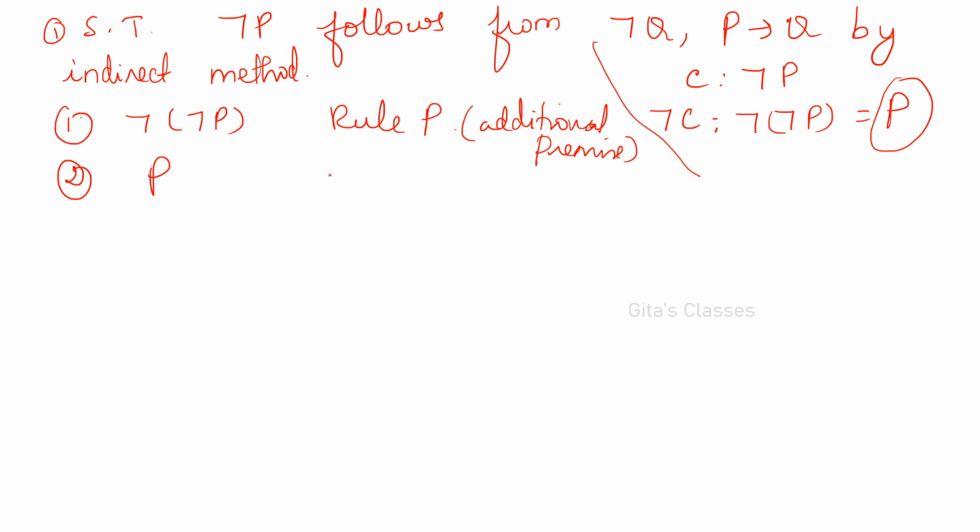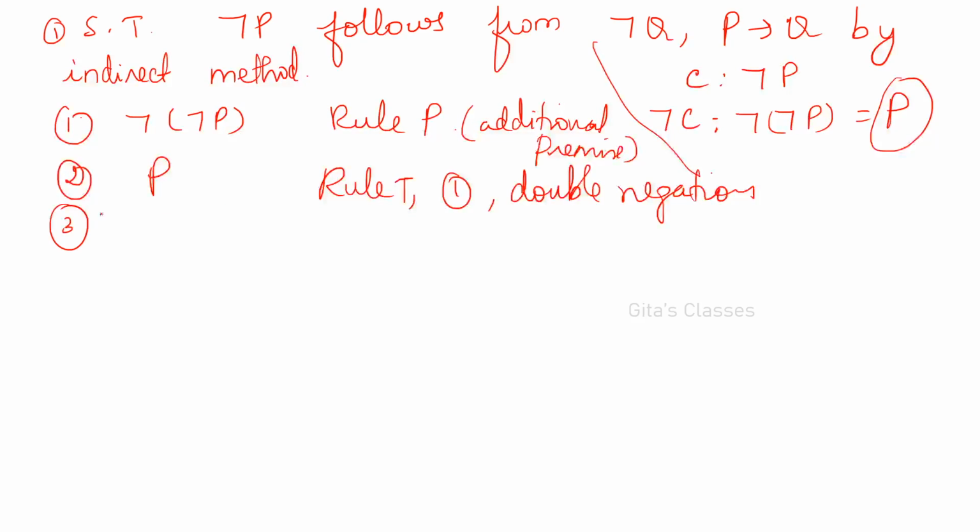Now this is P, that is rule T. This is a formula I have used in step number 1 using double negation, right? Double negation. Then third one, the other one is P conditional Q. So rule P, I have introduced another premise.